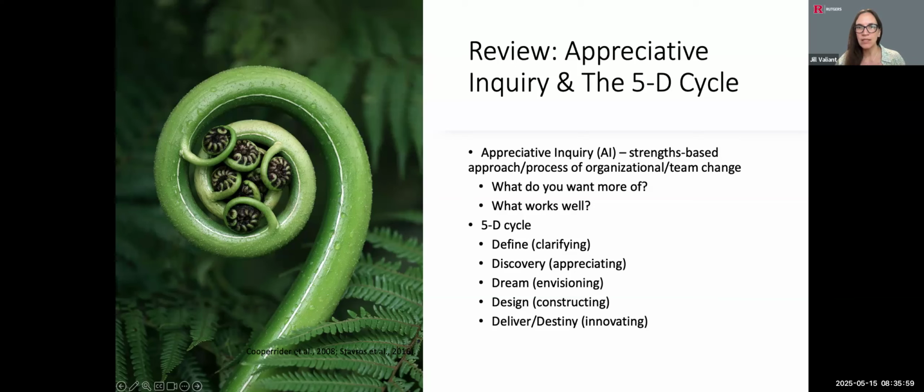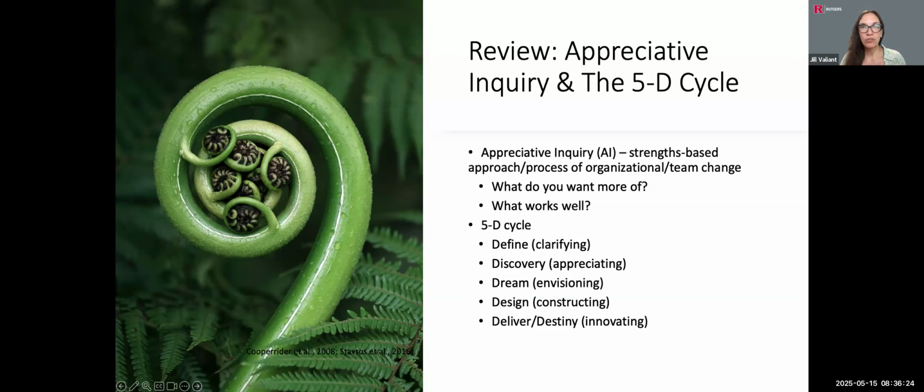Human systems grow in the direction of their persistent inquiries. And within appreciative inquiry, we're consciously and consistently constructing our future with focus on these positive core strengths of the organization, team, or program, or in the case of career services, those positive core strengths of the individuals that we might be supporting.